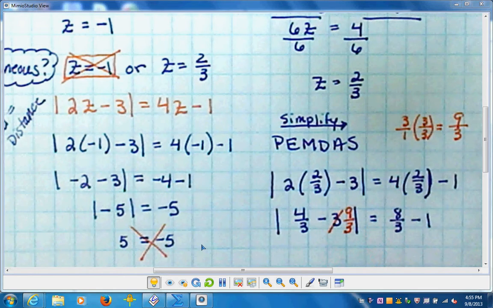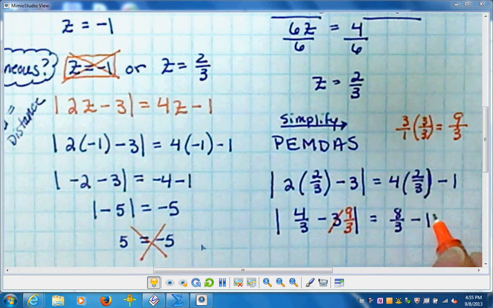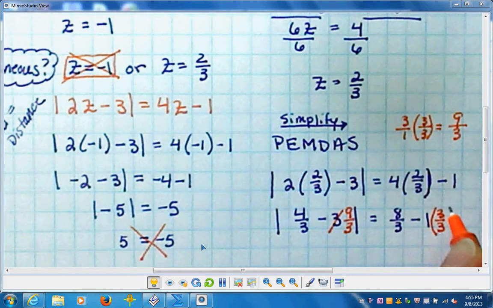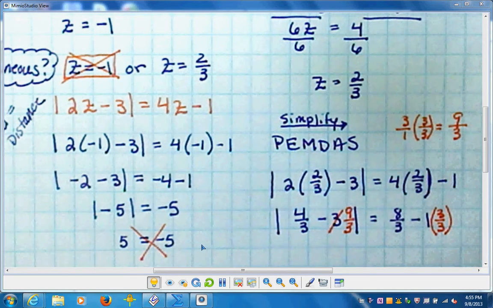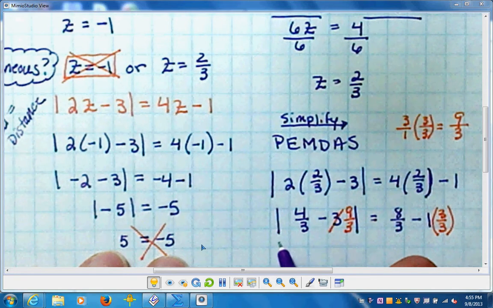Okay? And I'm going to do the same thing with this 1. I need a 3 in the denominator. So that's the same as multiplying this by 3 over 3. Well, negative 1 times 3 over 3 is going to give me negative 3 over 3. So now I can go ahead and do my subtraction.